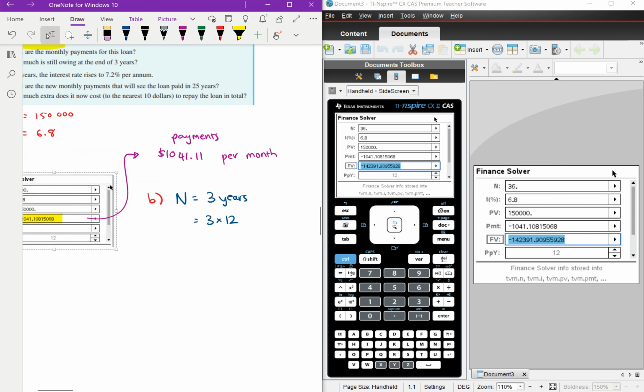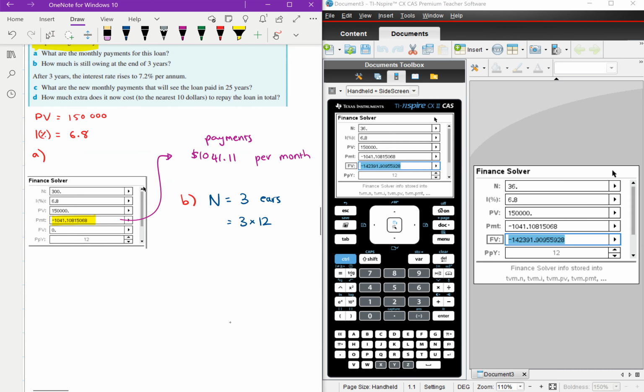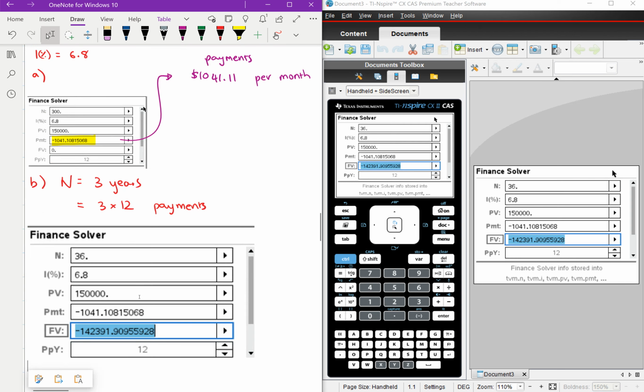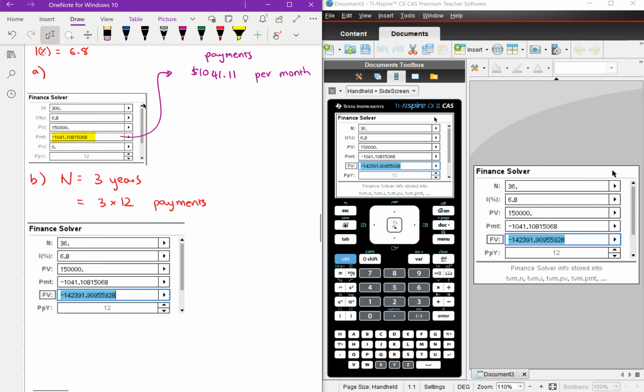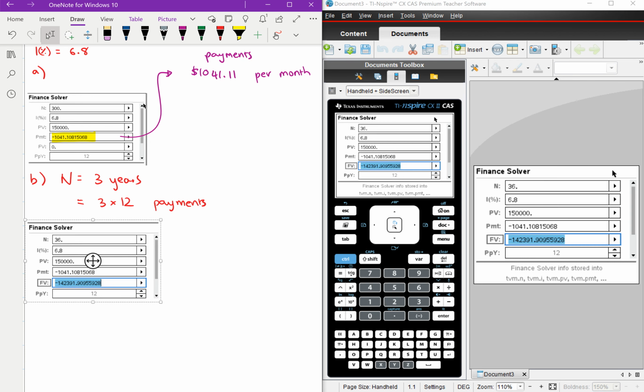So going down here, I probably should have just done B underneath. I'm just going to write B again. So B, we have N, which was 3 years, and that would mean that it's 3 times 12 payments. Okay, so answering the question, we now have number of payments, which is 36.